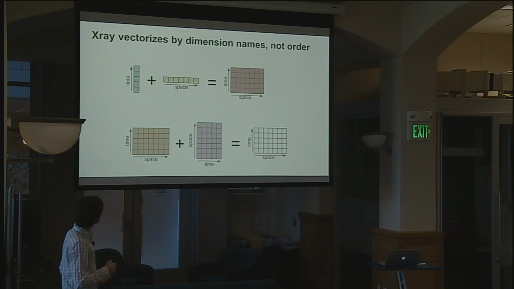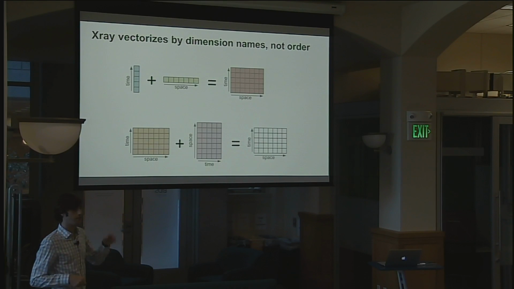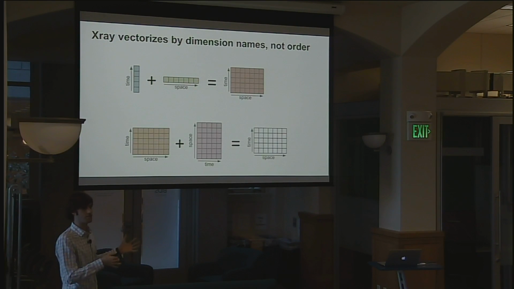And the case where this comes in really handy is when I'm working with something that has more than 2 dimensions. If I have 3 or 4 or 5 dimensions for my array, there is a 0% chance that I will correctly guess the order of those dimensions. It's some mix of dimensions, and I have to think really carefully and look through my code to figure out how it works.